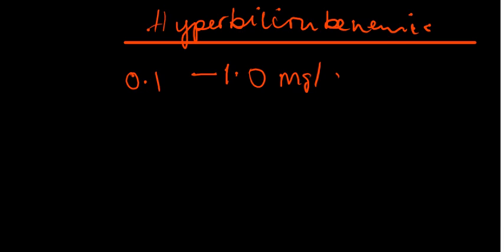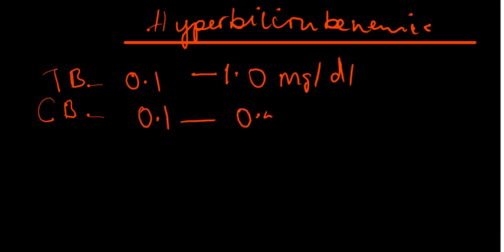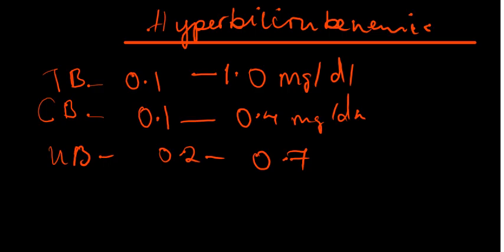This is the total bilirubin. Conjugated bilirubin is 0.1 to 0.4 milligrams per deciliter. Unconjugated bilirubin is 0.2 to 0.7 milligram per deciliter.